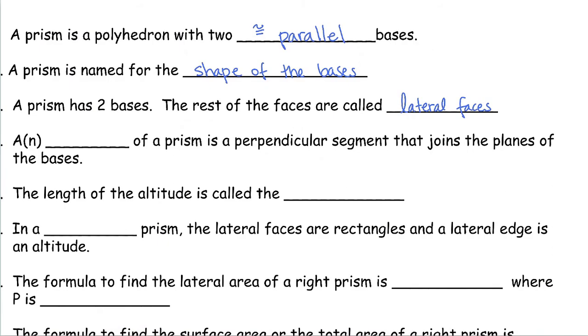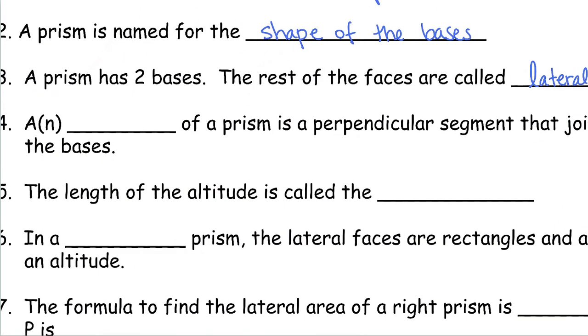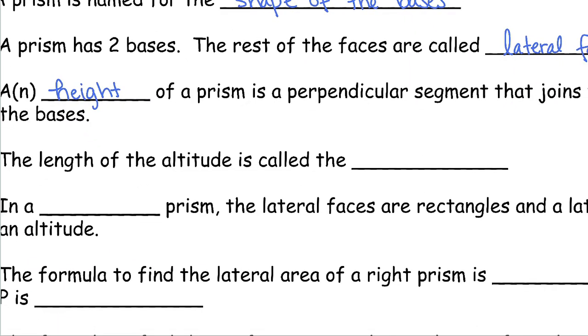And the altitude of a prism is the perpendicular segment that joins the planes of the bases. That will be our height. And that can also be called our altitude. The length of the altitude is called the height.